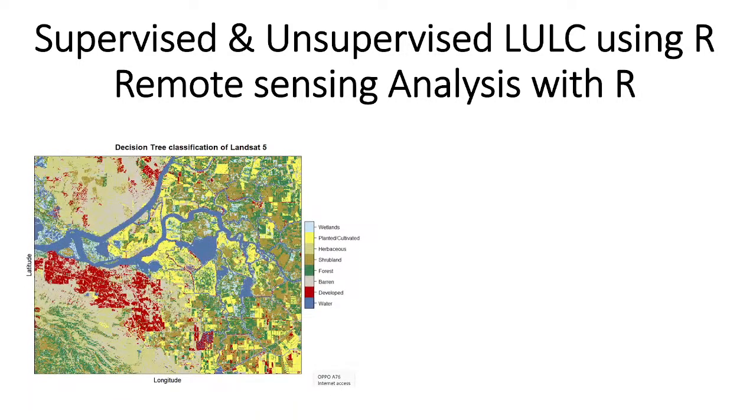Here you can see one kind of land use land cover classification map, mainly created with a decision tree: wetland, cultivated land, herbaceous, shrubland, forest, barren land, urban land, and water. It is classified, and this time we used RStudio, R packages and different libraries for creating the decision trees.